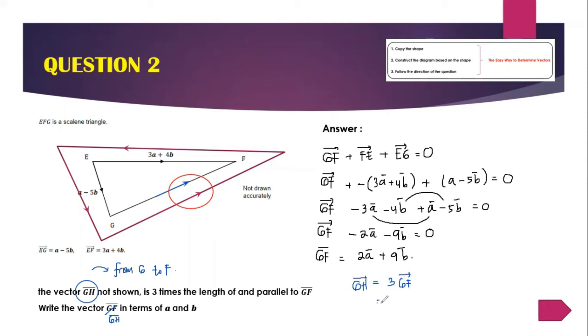So you just follow the algebra. 3 times 2a plus 9b, right? So equal 3 times 2, 6a, and then 3 times 9 is 27b. So factor GH equals 6a plus 27b. Is it clear? Very easy, right? Very good. Okay, we go to the next question.